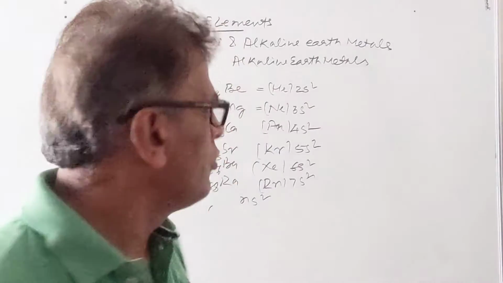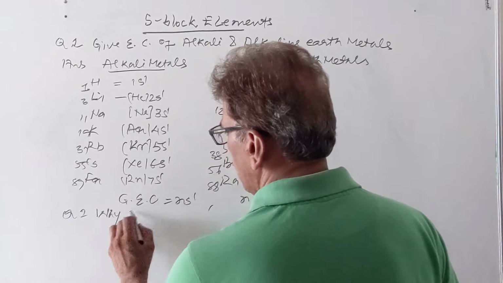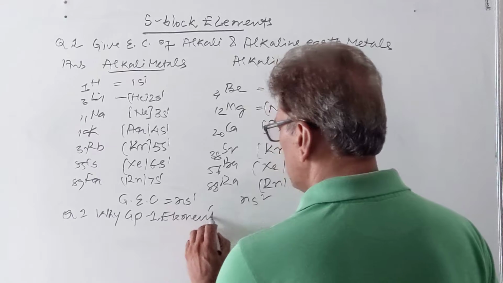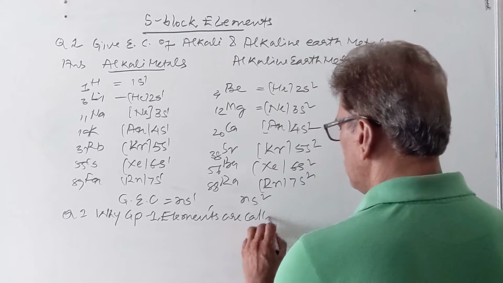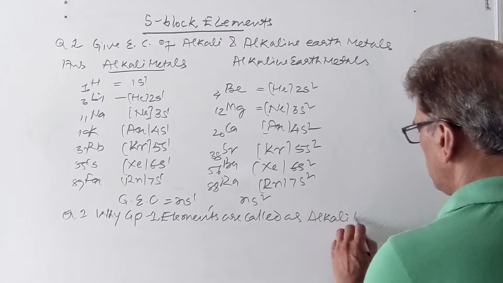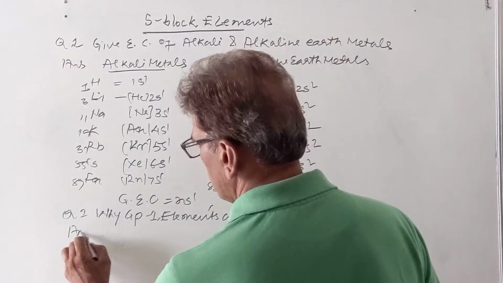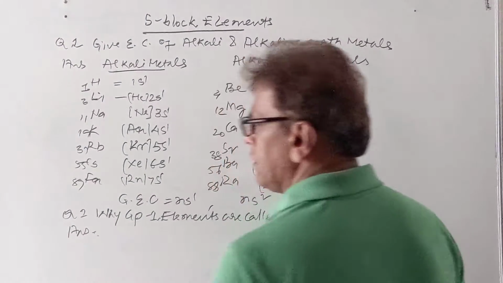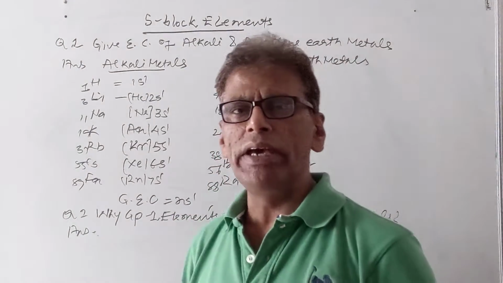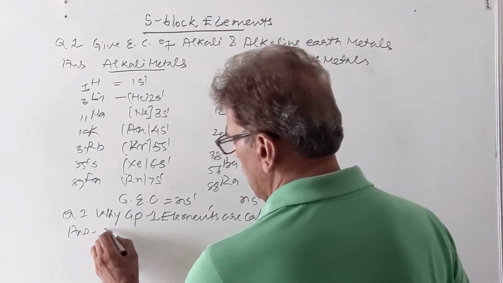Then we have very important question number 2: why group 1 elements are called alkali metals? Answer is, since they form strong alkalis on reaction with water, so their alkali forming capability earns them the name alkali metals.